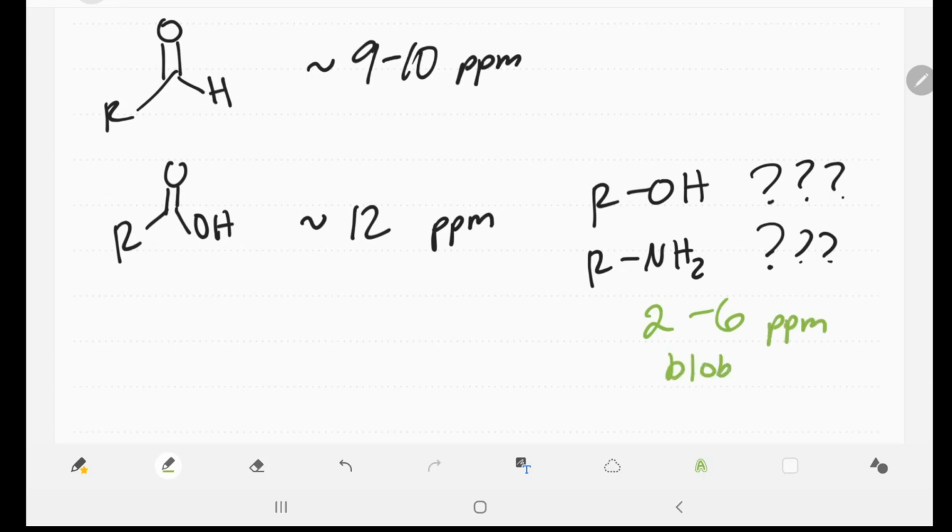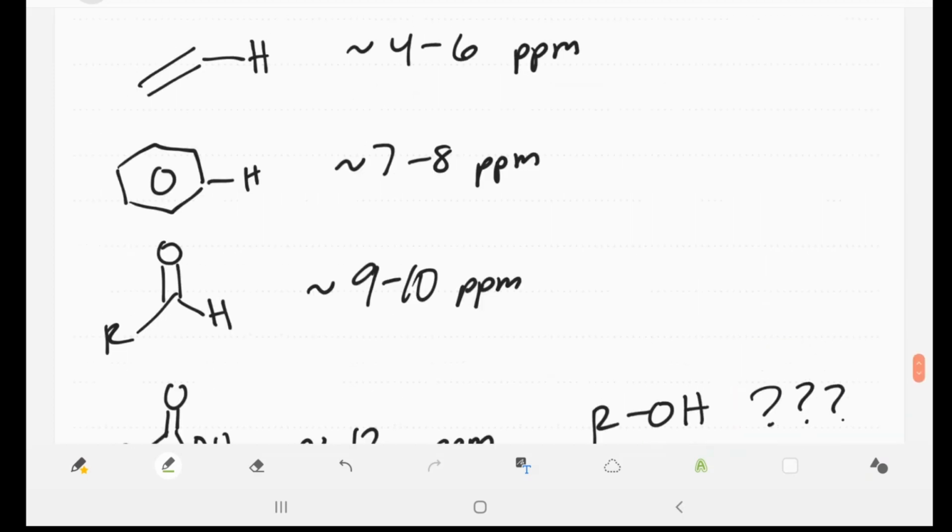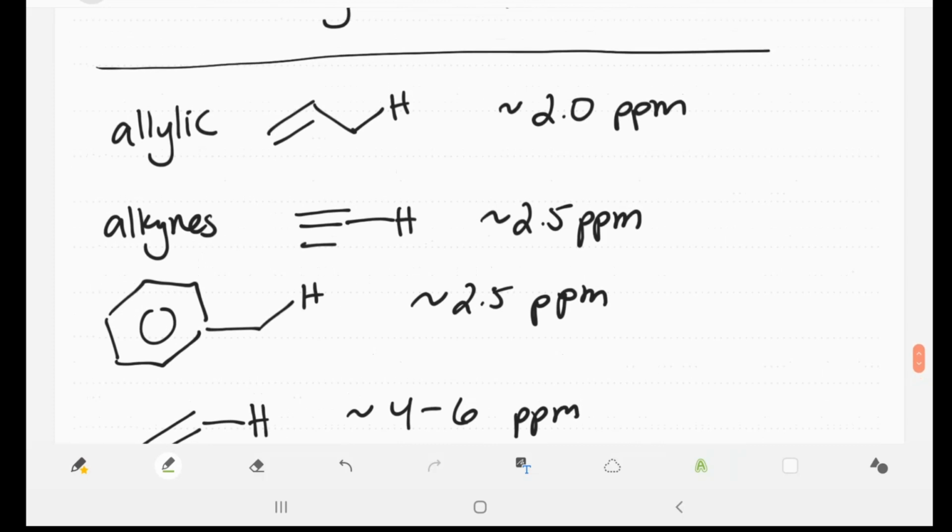And they're kind of blobs. They're unresolved peaks. If you just see a random peak where you're like, I don't know what that is, and it's kind of blobby, it's probably an OH or an NH2. They're different. Normally we're looking at hydrogen bound to carbon.